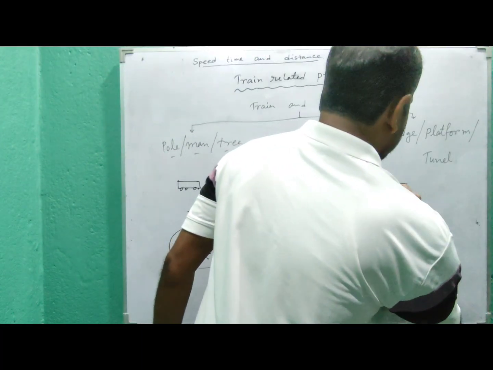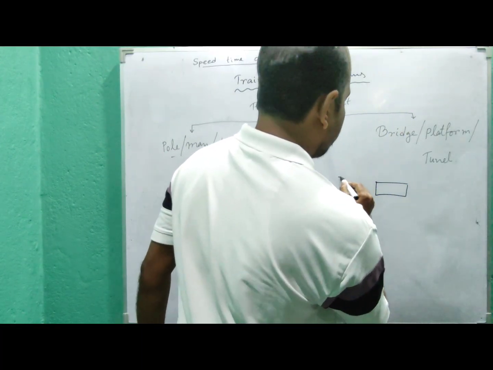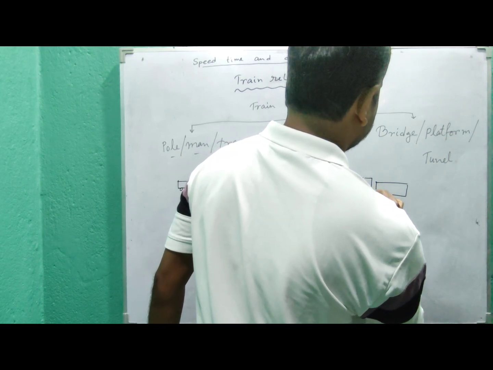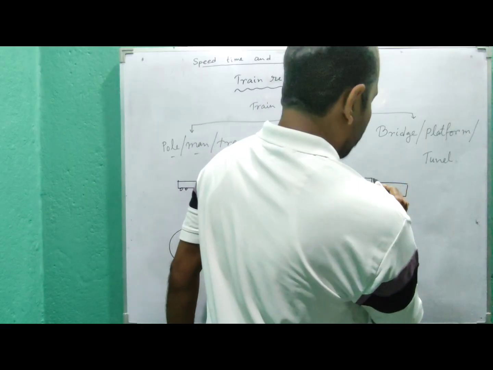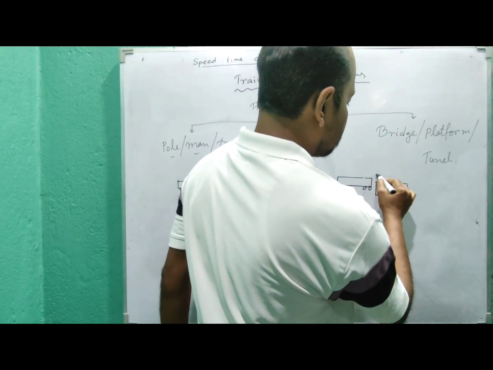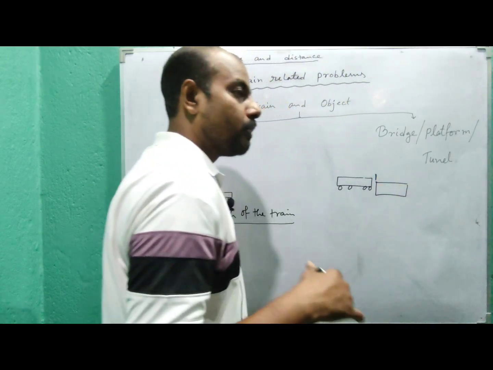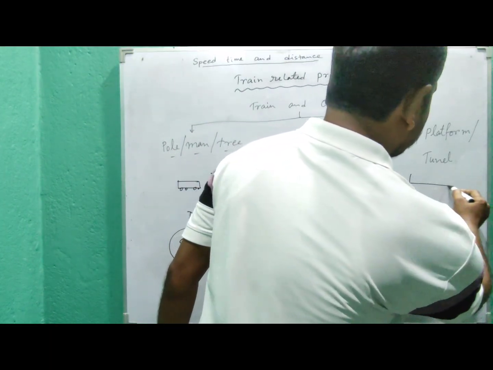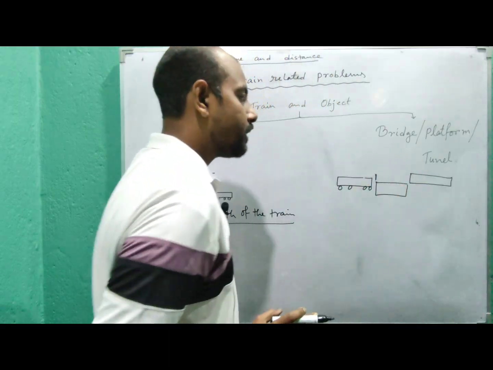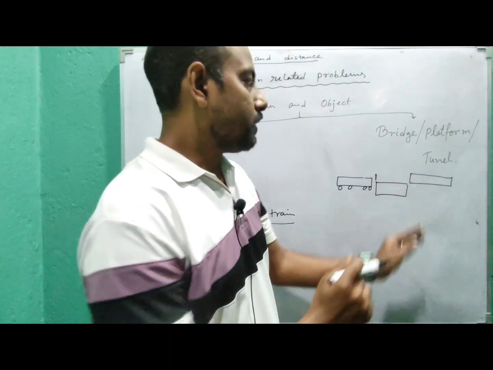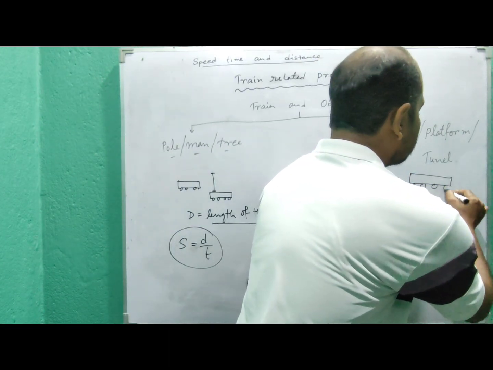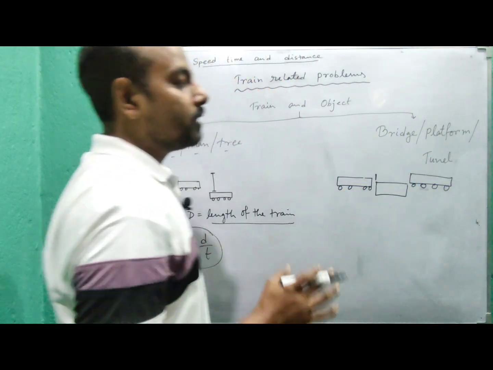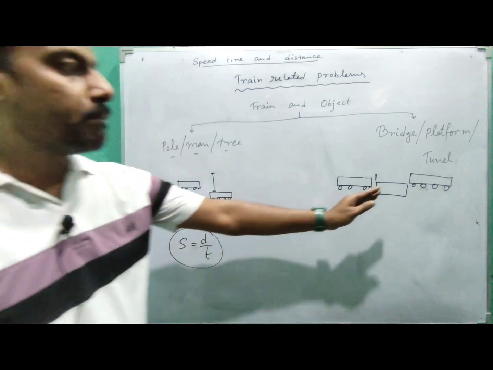Suppose this is a platform and a train is crossing that platform. When the front end of the train starts from here, it will start crossing the platform, and when the back of the train comes here, then we can say the train has completely crossed the bridge.